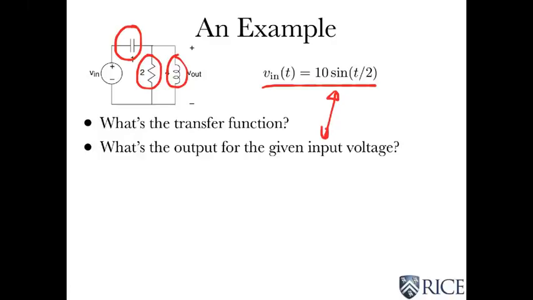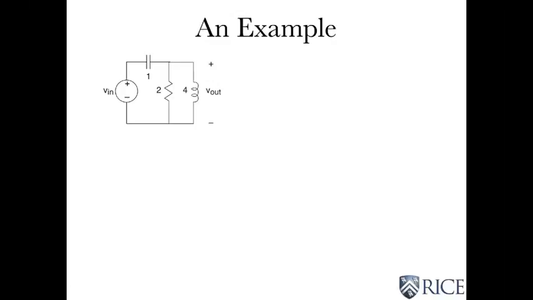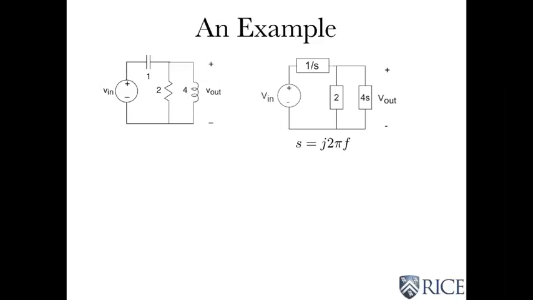Okay, so we know what to do. The first thing we do is take our circuit and replace it by one having impedances, where again these are complex amplitudes. Now, I have done a little notational thing for you here. The impedance of this 1 farad capacitor is 1 over j 2 pi f. To simplify the manipulation of these formulas, as you're going to see in a second, it gets pretty complicated, I like to think of j 2 pi f as a single variable s.